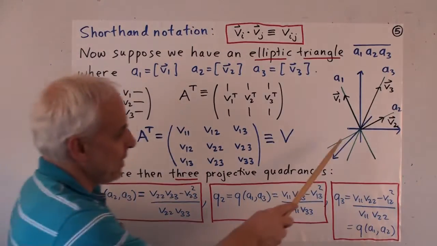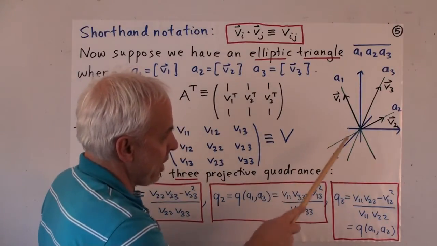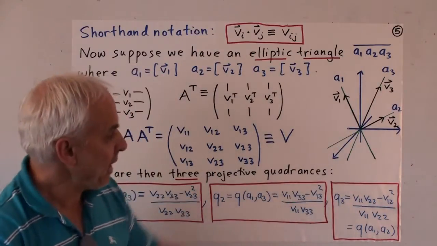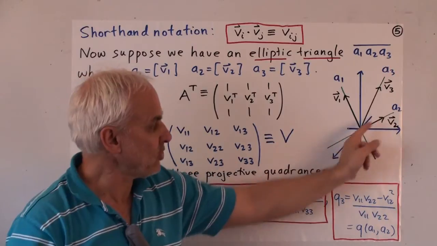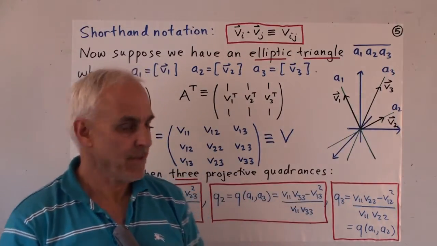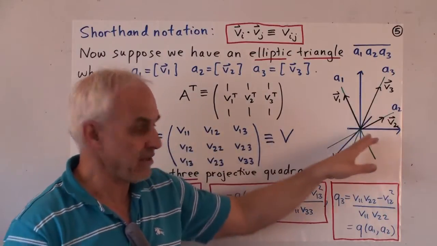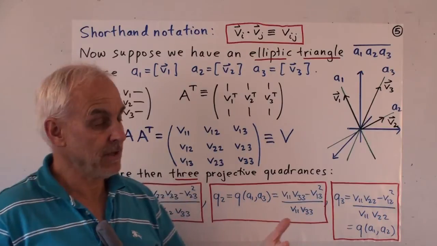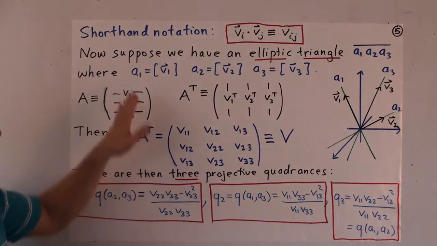So here is our three-dimensional space, and now we have three lines, line A1, line A2, and line A3, each of them determined by three direction vectors, V1, V2, and V3. And of course, they don't have to be in this direction, they can be in that direction too. We can multiply these vectors by any non-zero scalar to get an equivalent, equally valid direction vector. All right, so we encode that this way.